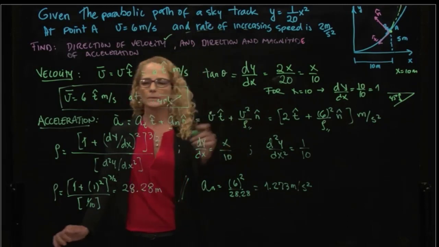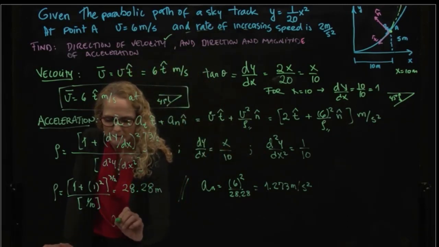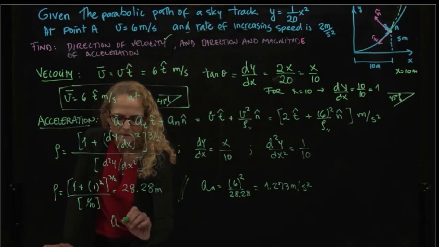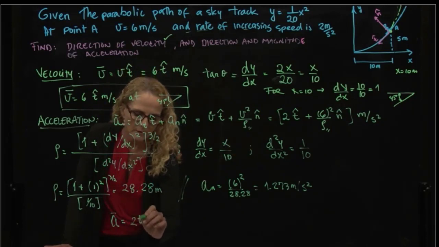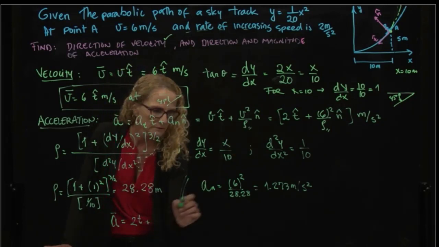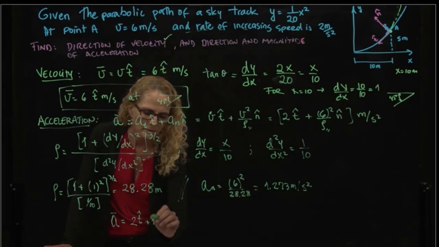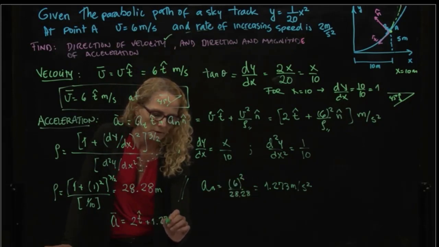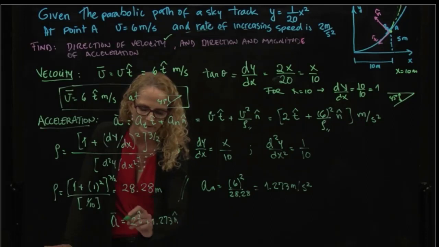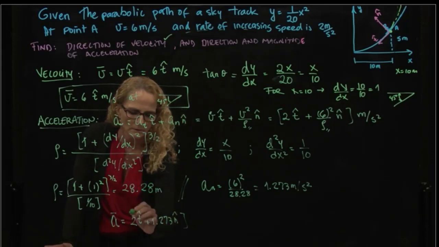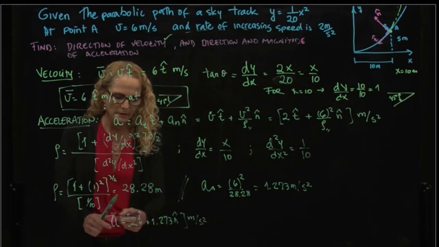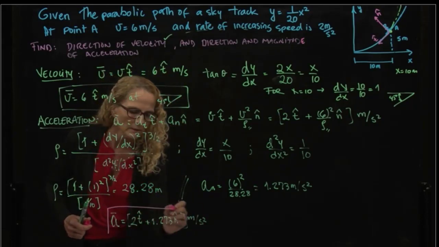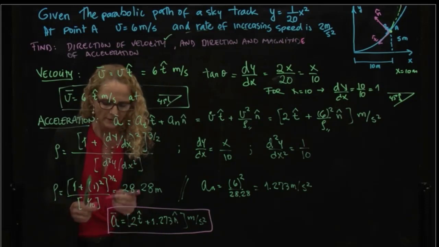So finally, we can write our acceleration as a vector: 2 in the tangential direction plus 1.273 in the normal direction, meters per second squared. That gives us the acceleration as a vector.